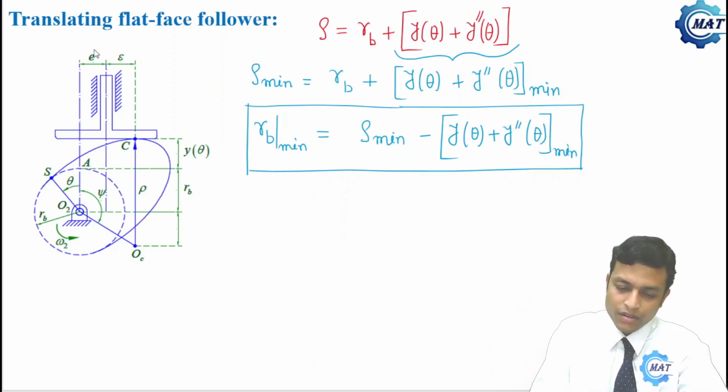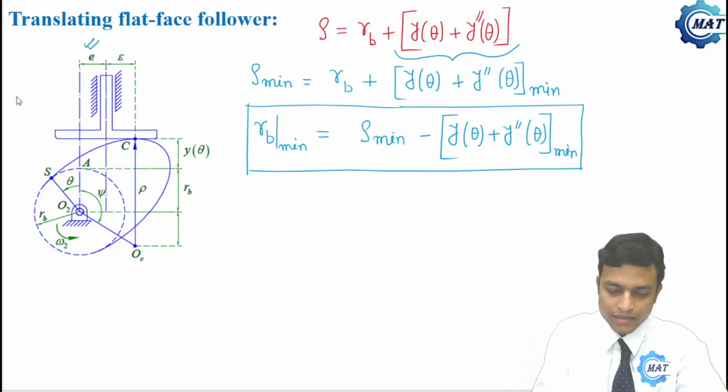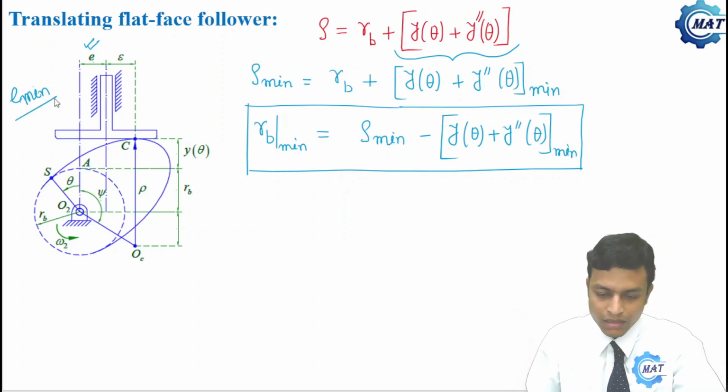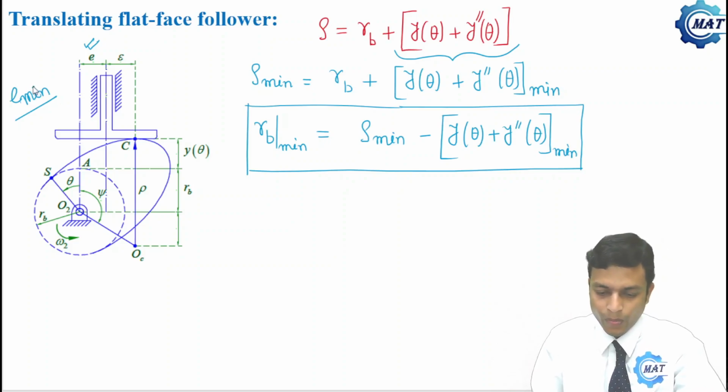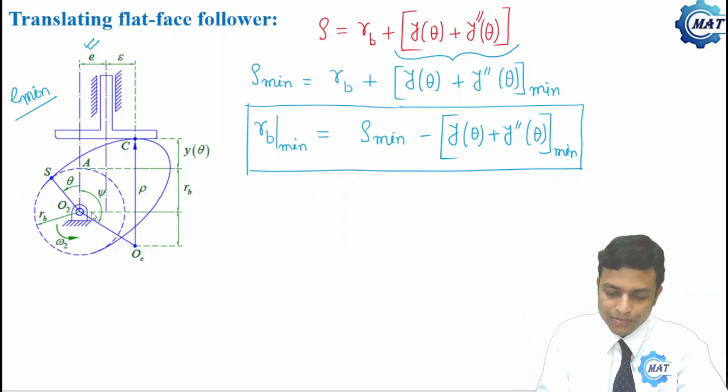Now let us find what is the minimum required value of offset, that is E min. E is the offset. So what is E plus epsilon? E plus epsilon is this distance, O2B.